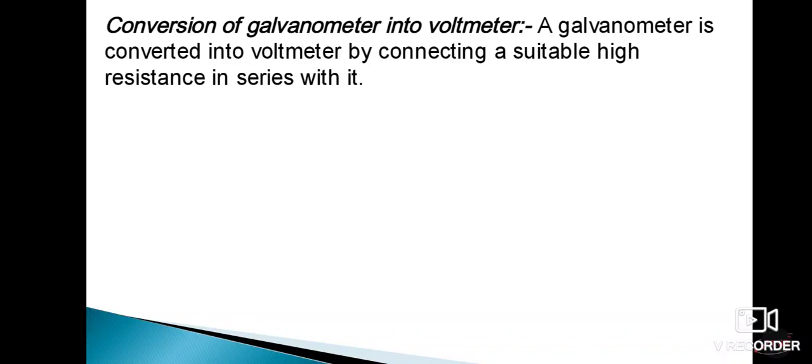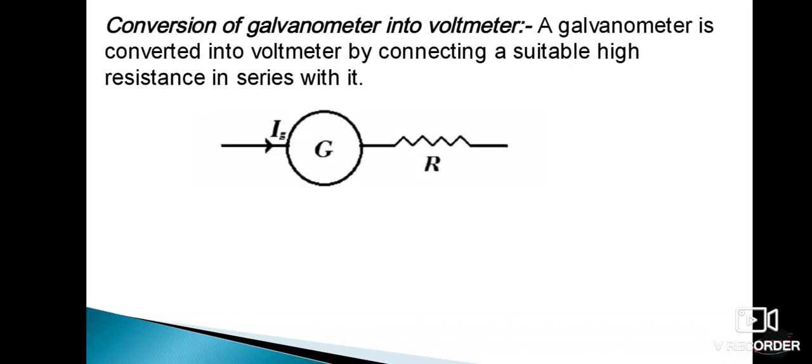Whenever we convert the galvanometer into an ammeter, we connect a very low resistance in parallel to the galvanometer, and when we convert the galvanometer into a voltmeter, we connect a very high resistance in series with the galvanometer. We can observe the diagram here. G is the galvanometer, and in series R is the suitable high resistance we have connected. From this, we know the form V is equal to IR.